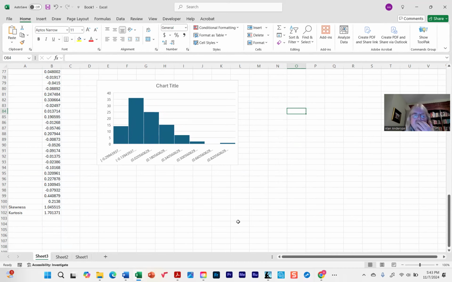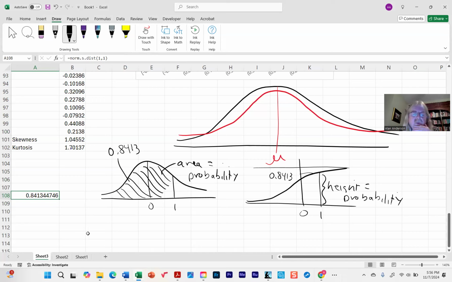Okay, so in other words, any way you slice it, the area or probability is 0.8413. This one is showing us areas below a certain point. This one is showing the heights of the curve. So this would be f of x here, lowercase. This is the capital F of x.